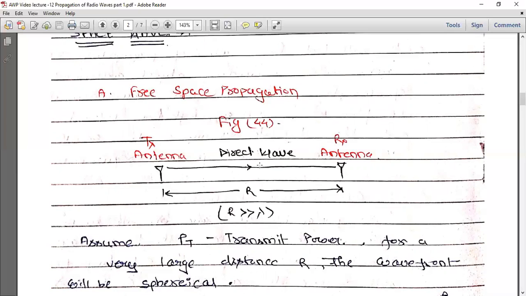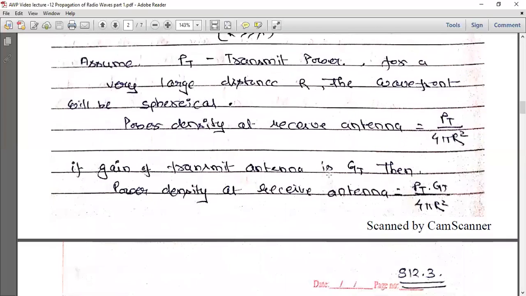Now, as we are considering that the surrounding of this communication model is free space, with no other obstacle, and R is very, very much greater than lambda, as the wave travels more and more distance, its wavefront becomes more and more spherical. That is why, when the power PTGT transmitted by this antenna reaches the receiver RX after traveling a distance R, the power density at the receiving antenna will be given by PTGT upon 4 pi R square.